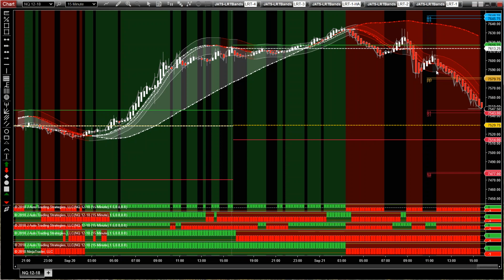And again, using that higher time frame concept of what's happening on your 60-minute and your 15-minute chart, you want to trade in that direction when the 15-minute confirms it. So we're confirming, and allow ourselves to get in and out of these trades at that time.